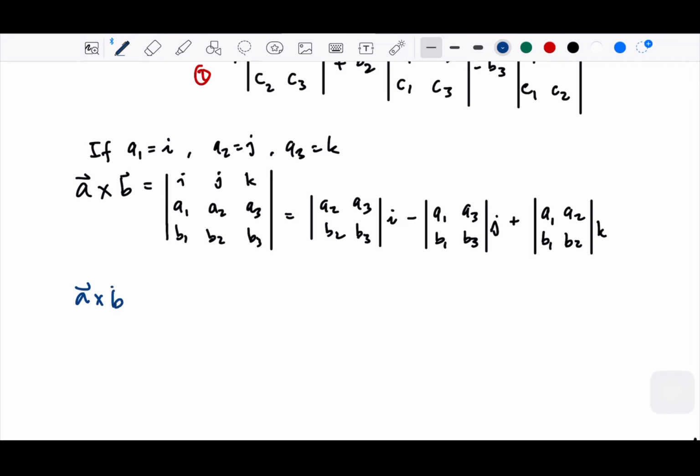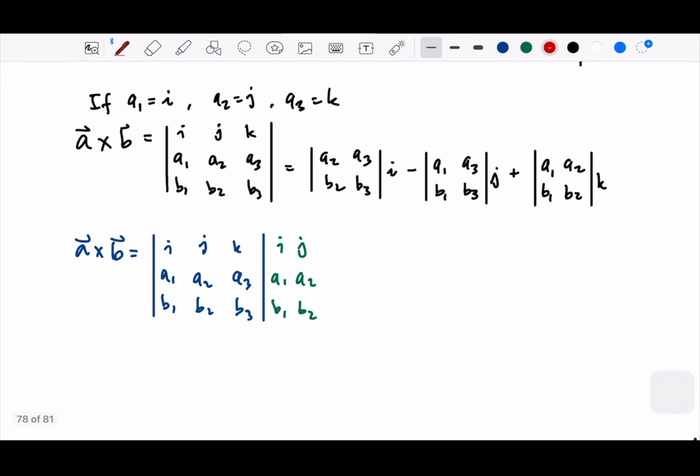If you want to take this cross product, my usual way of calculating is to take this determinant, and then write another I and J, and then write another A1, A2, B1, B2. Next, we are going to multiply along the diagonals and then sum them all together.